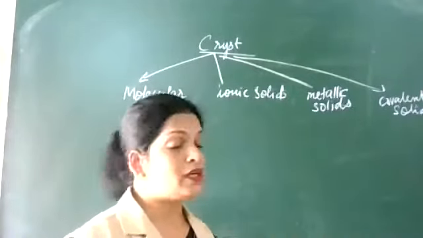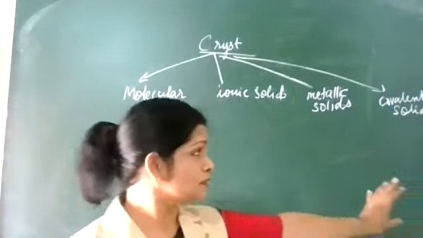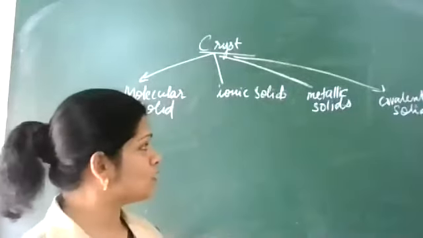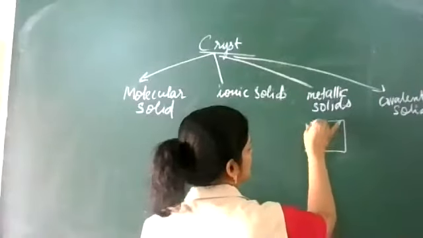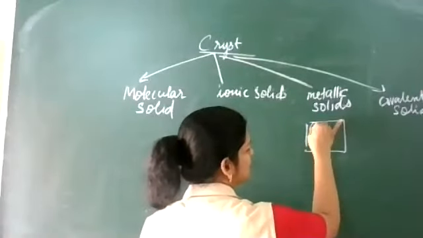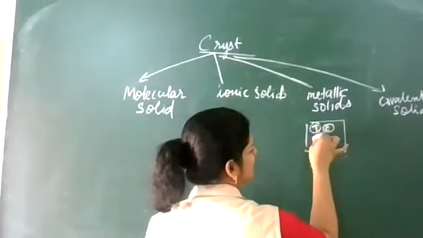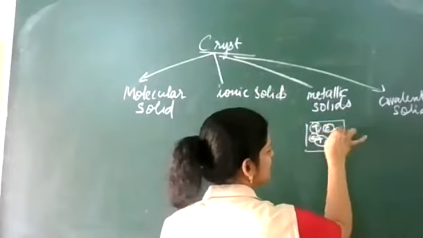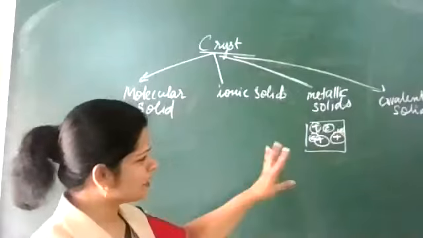In covalent solids, again, the constituent particles are atoms. In metallic solid, for example sodium metal, the constituent particles are positively charged ions and electrons.